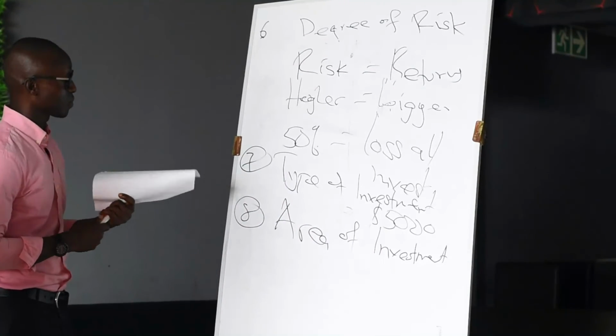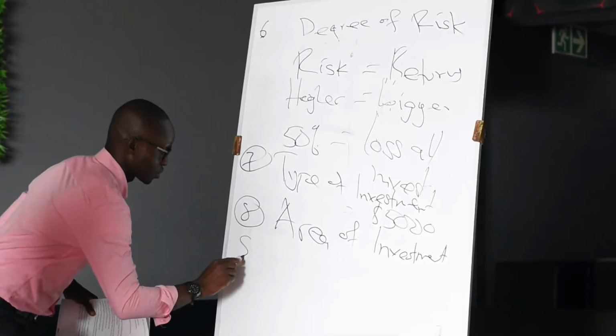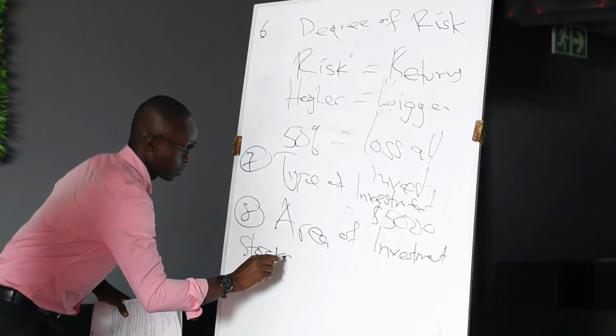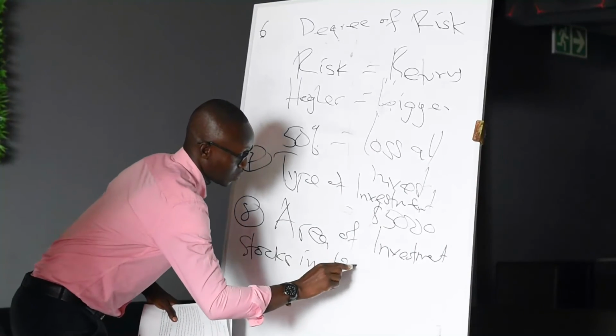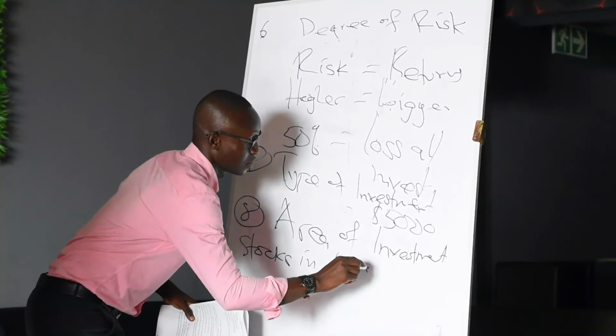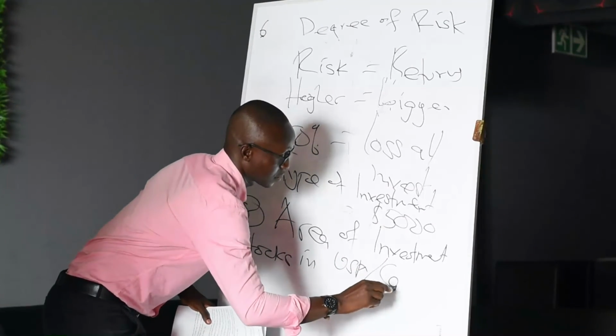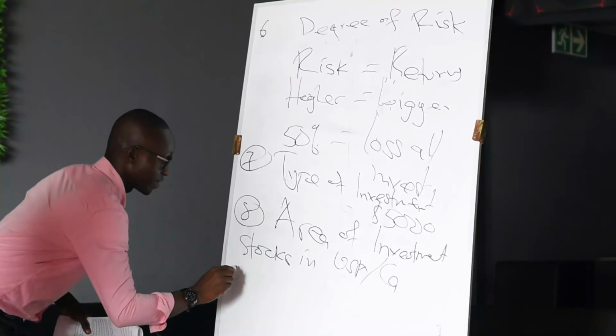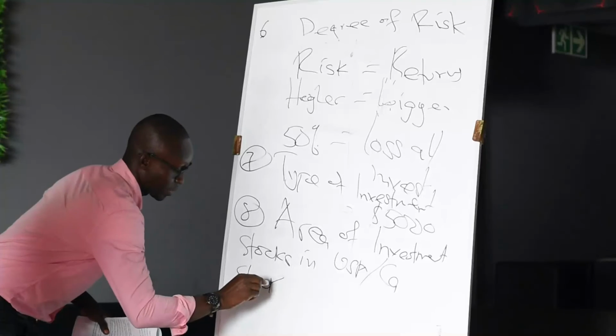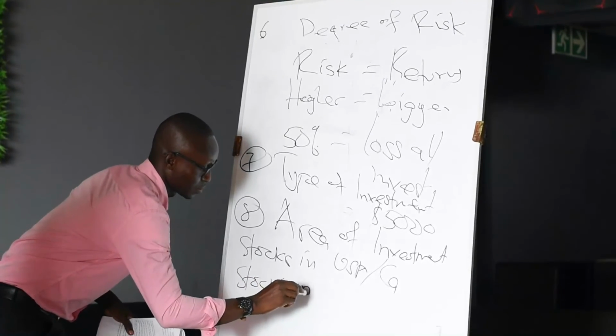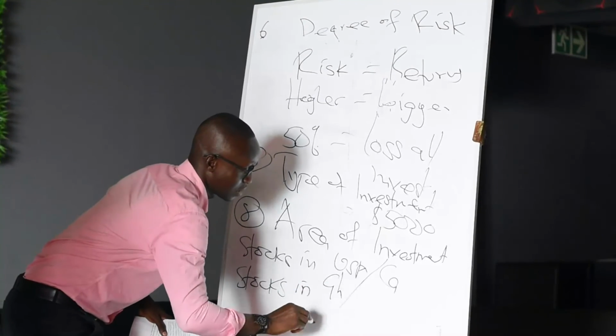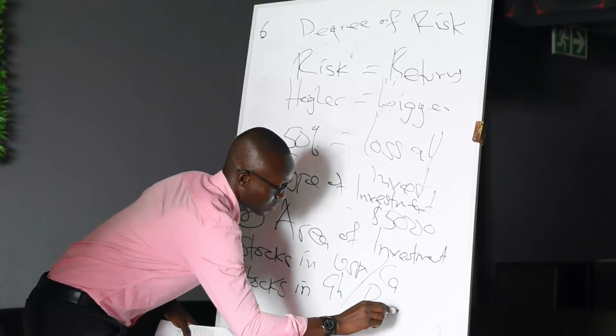Let's assume I'm investing in stocks in the USA, say California, and another person is also investing in stocks in GA, say Princess Town.